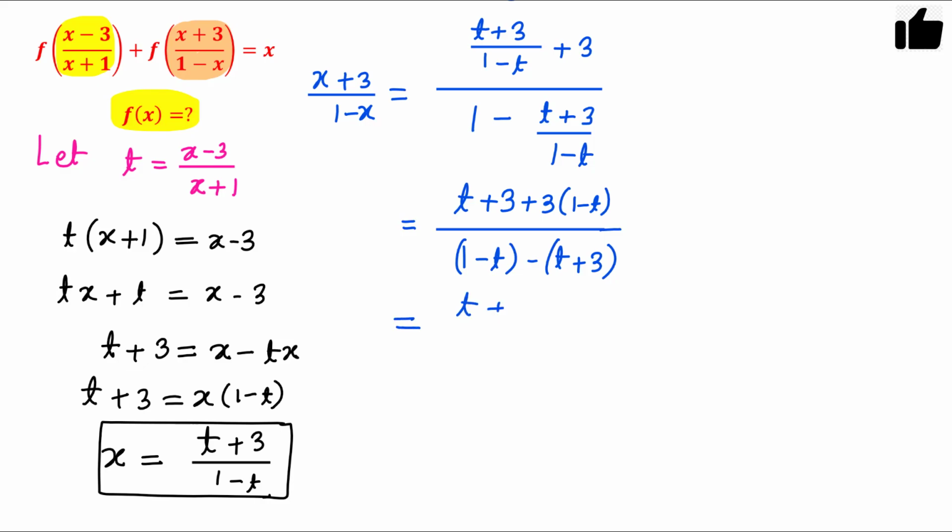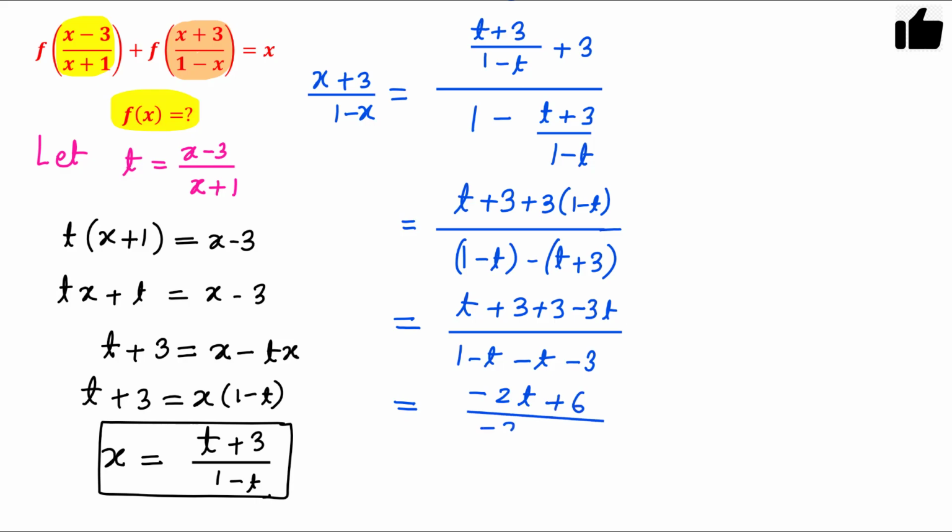You will have t plus 3 minus 3t, and this will be 1 minus t minus 3. So this will be minus 2t plus 6 divided by minus 2t minus 2. So you can cancel out 2. So you will have (minus t plus 3) divided by (t minus 1).